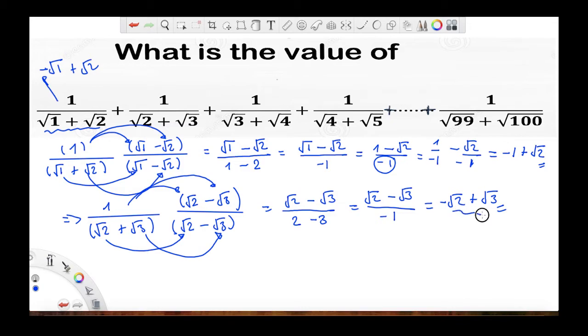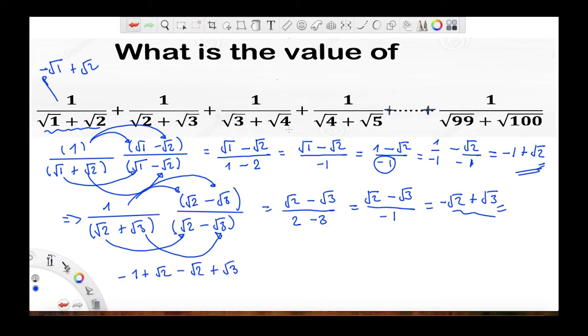So we can follow this logic the same way. So this became minus, and plus maintained. So we can write all of this as minus 1, because the square root of 1 is 1, plus root 2, plus the second gave us minus root 2 plus root 3.